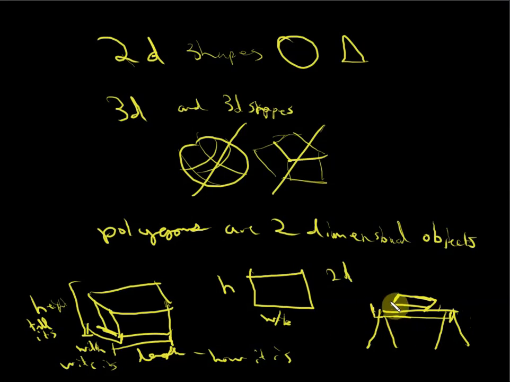So we know how long it is and how wide it is, but we don't know how tall it is, or the height. The height is what's missing.